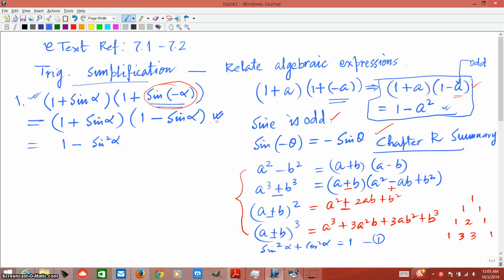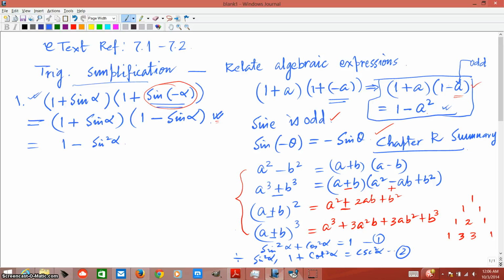The other 2 can be written as follows. When you divide the whole thing by sine square alpha, you get 1 plus cosine square alpha over sine square alpha, which becomes cotangent square alpha, equals 1 over sine square alpha, which becomes cosecant square alpha. That is the second form of my Pythagorean identity.